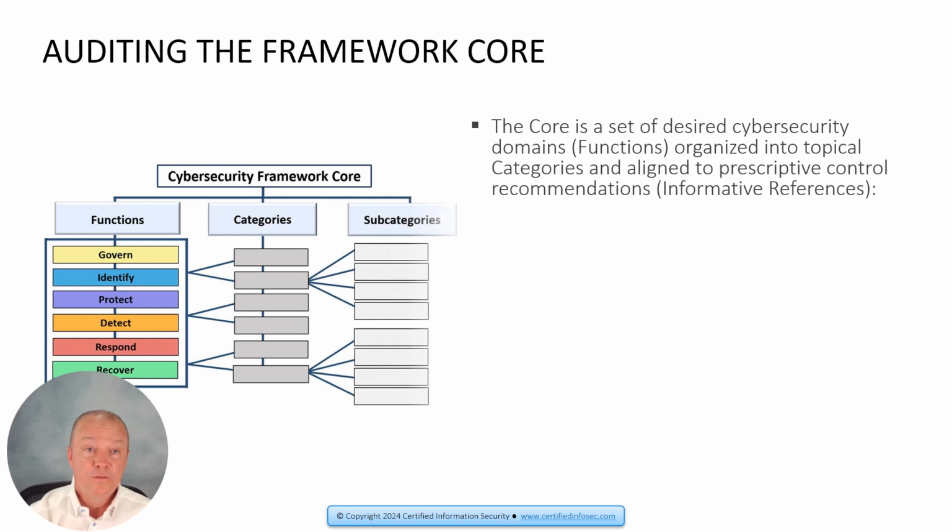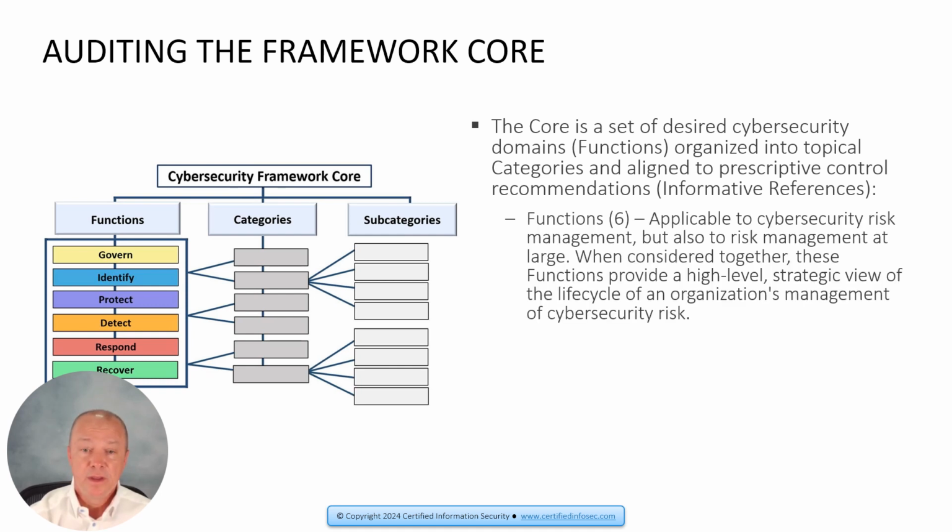So, auditing conformance to the framework core, you may remember from your NIST CSF 2.0 Lead Implementer training that the core is a set of desired cybersecurity domains called functions, organized into topical categories and aligned to prescriptive control recommendations that NIST calls informative references. So we have 6 functions that are applicable to cybersecurity risk management, but also to risk management at large.